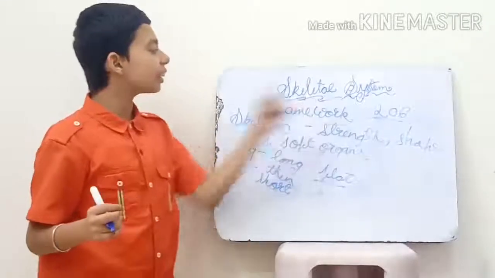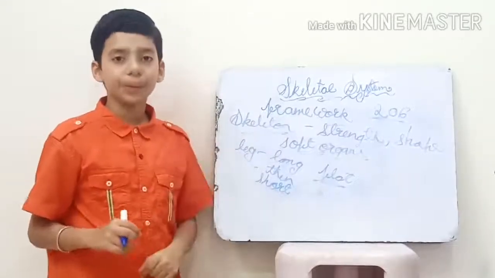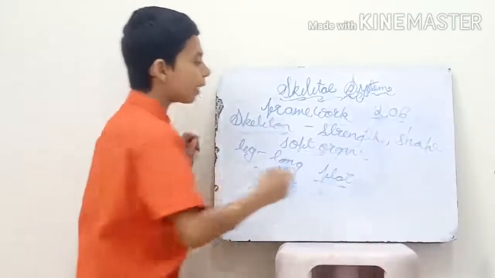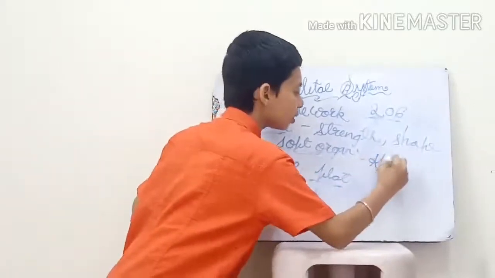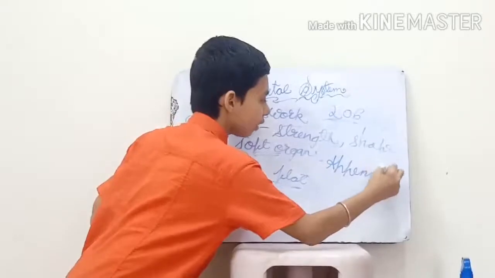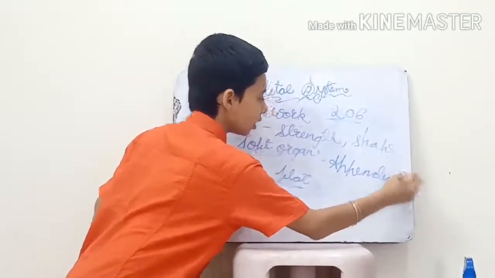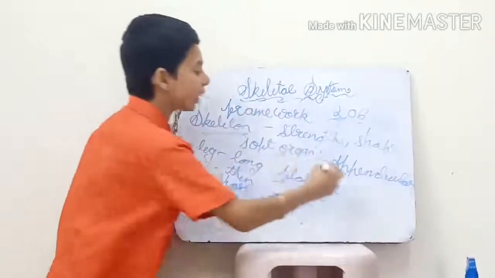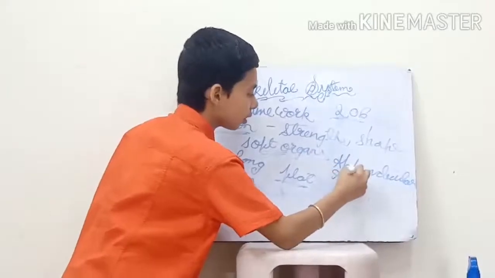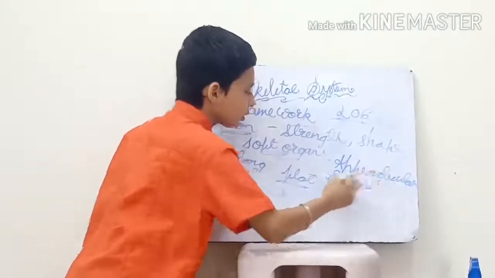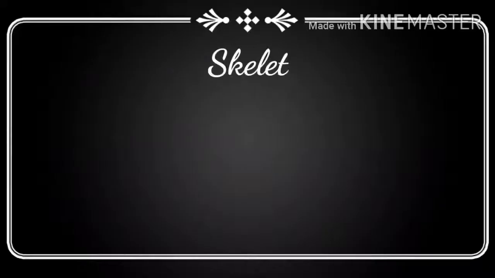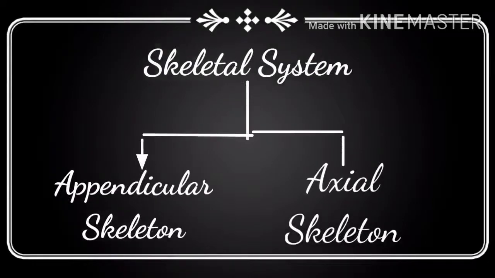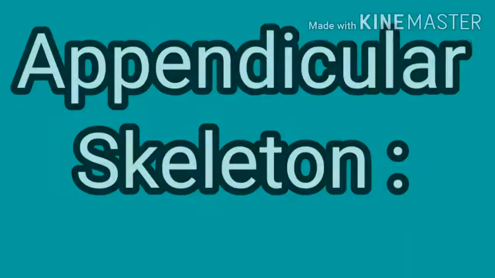The skeletal system is divided into two: the appendicular skeleton and the axial skeleton. Appendicular skeleton.